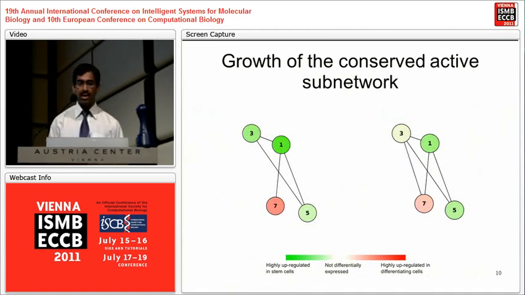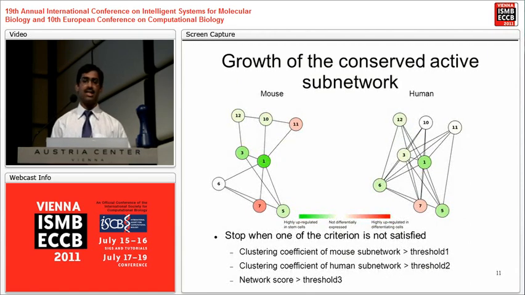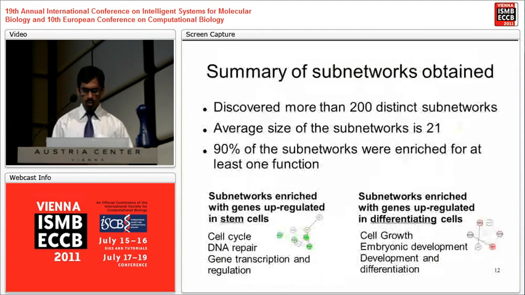We incrementally keep adding genes to the subnetworks, and we continue until the clustering coefficient of the subnetwork does not satisfy the constraint, or the average activity score of the subnetwork has gone below a certain value. When we applied our algorithm Nexus on the stem cell data, we discovered more than 200 distinct subnetworks. The average size of these subnetworks was 21, and most of the subnetworks were enriched for at least one function.